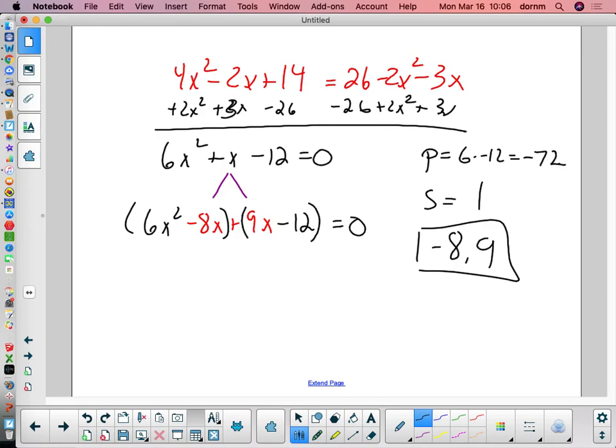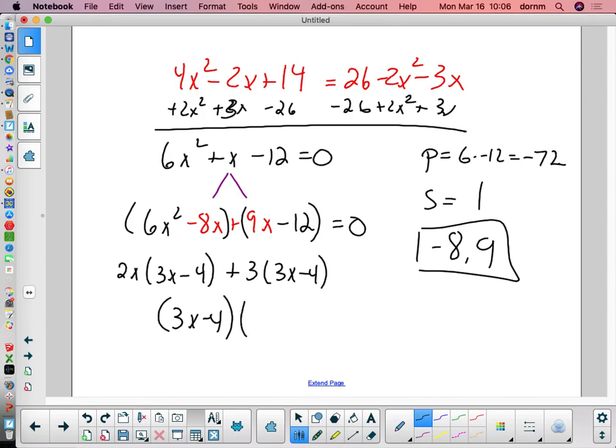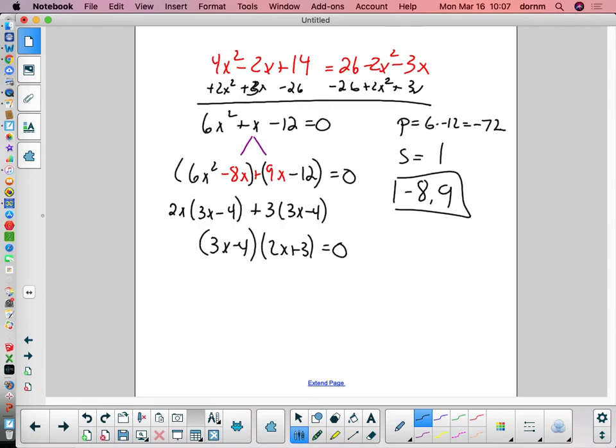What's the common factor here? 2 goes into both of those, and x. So I can take a 2x out and I'm left with 3x minus 4. What goes into here? 3. And I'm left with 3x minus 4. And the common factor now is 3x minus 4. And I have a 2x plus 3 remaining. So, almost done. x equals 4/3 and negative 3/2.